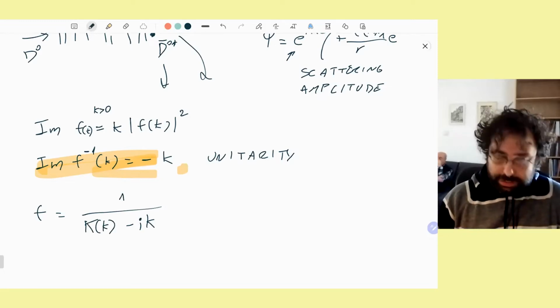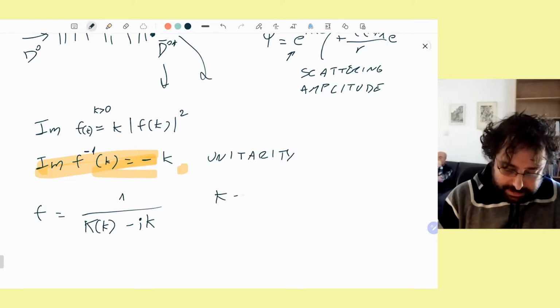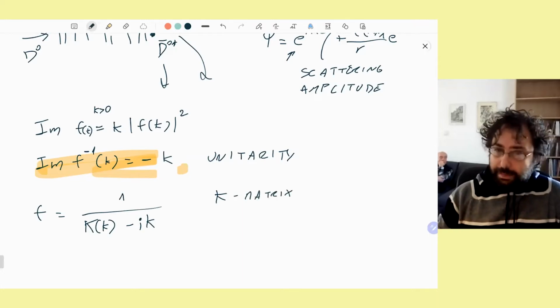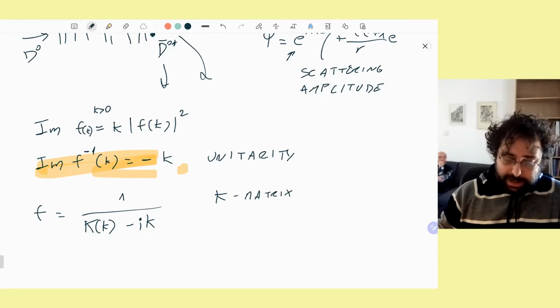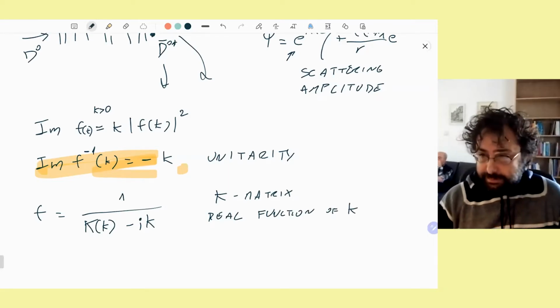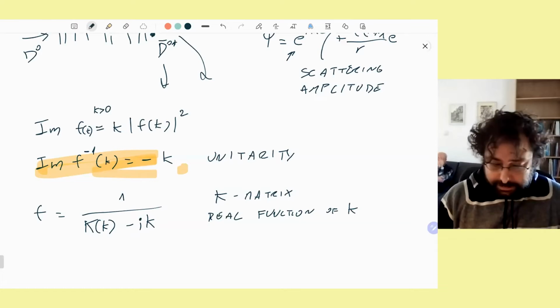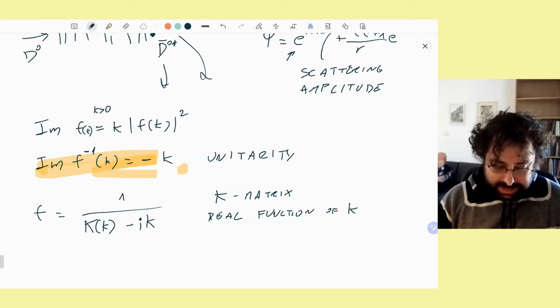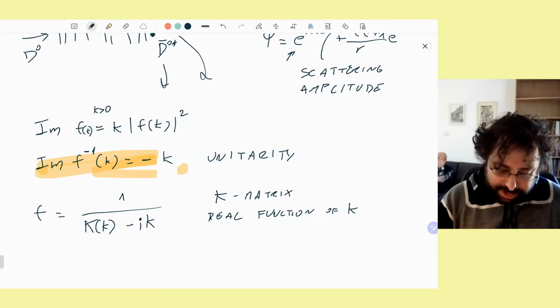That is usually called K matrix, or well, matrix for historical reasons. And the only thing that we know is that this is a real function of K. Well, actually, for other reasons, we know also another thing.